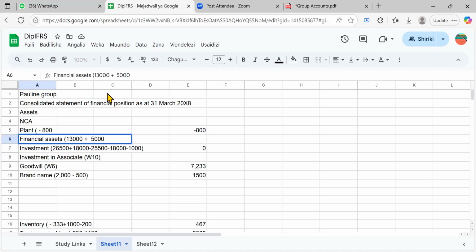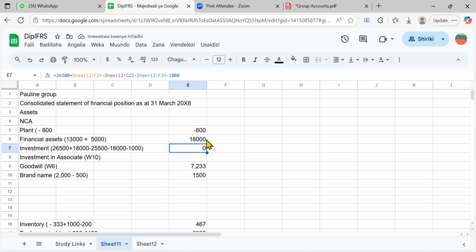That's what the double entry should be. So you debit financial assets by 5, which would give you 18,000. And then you also have to credit the gain, and that gain goes through profit or loss, right? So we should have a gain of 5.